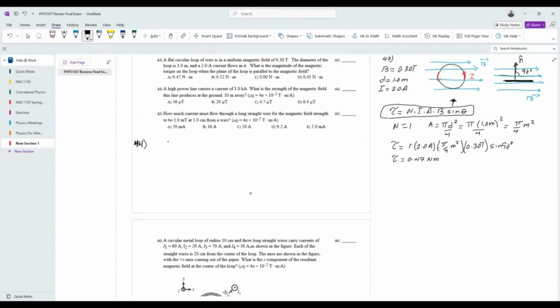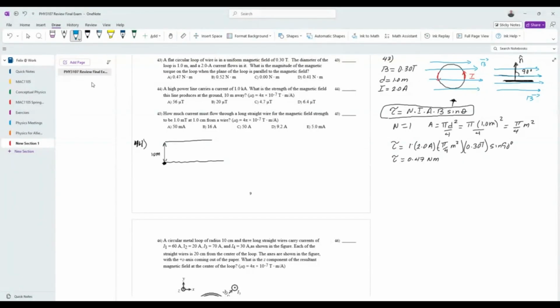You have a wire here, you have the ground, and this wire is 10 meters above the ground. We want to know the strength of the magnetic field at the ground, 10 meters away from this wire.